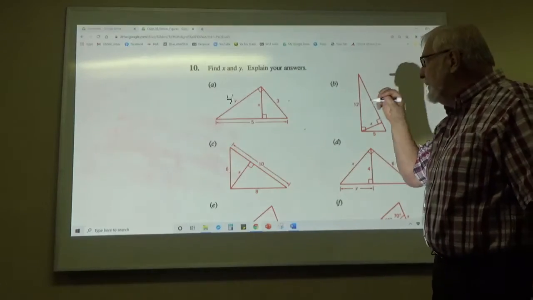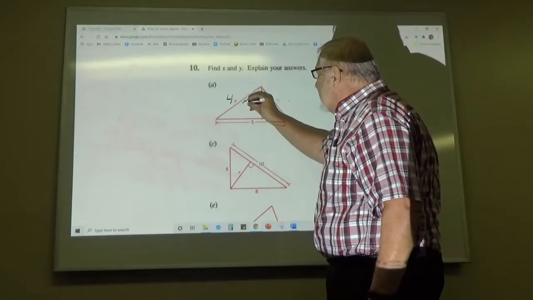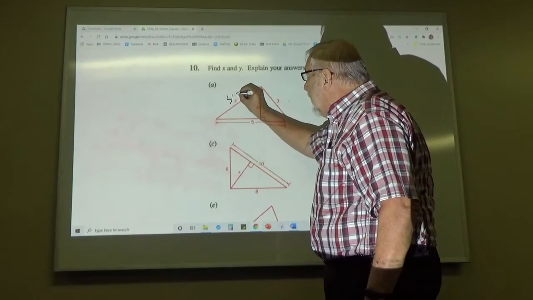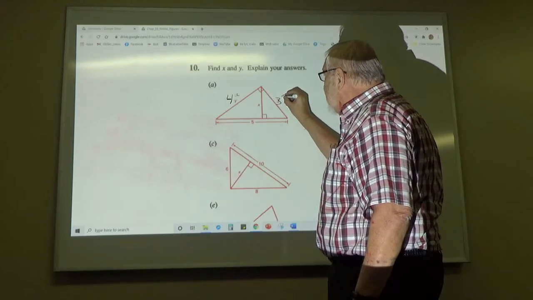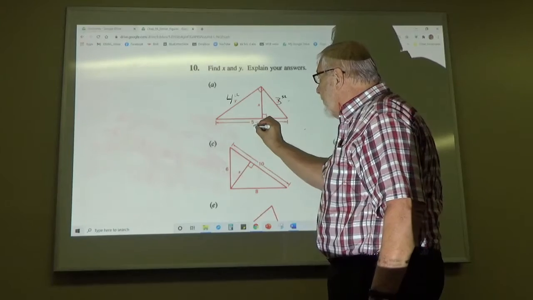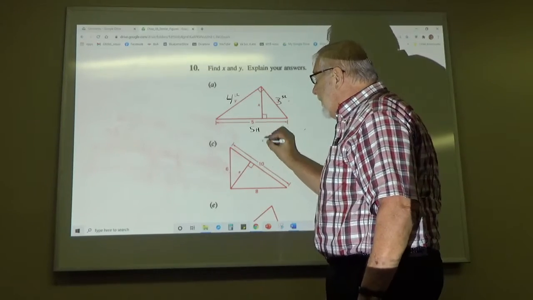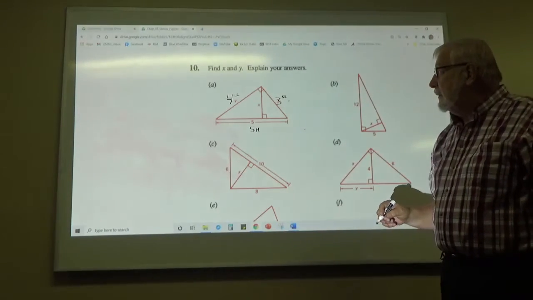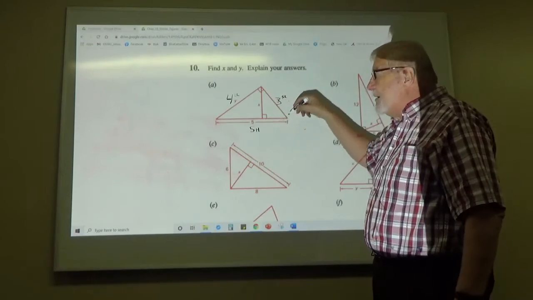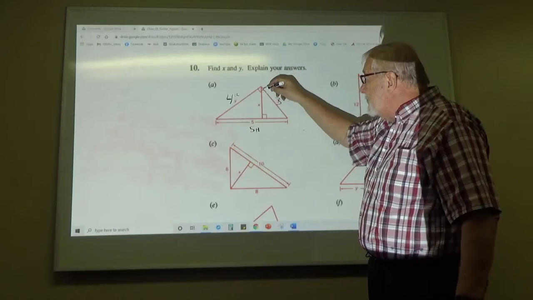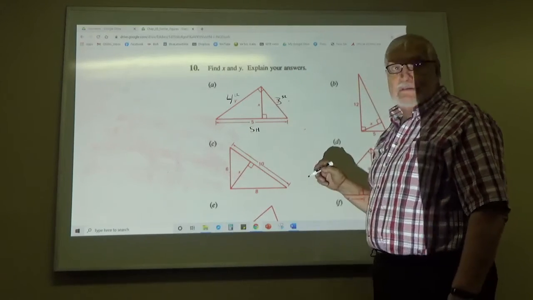Okay? And it is also the long leg of the triangle. The 3 is the short leg of the triangle, and the 5 is the hypotenuse. Now, we have to take that idea and get a value of x.